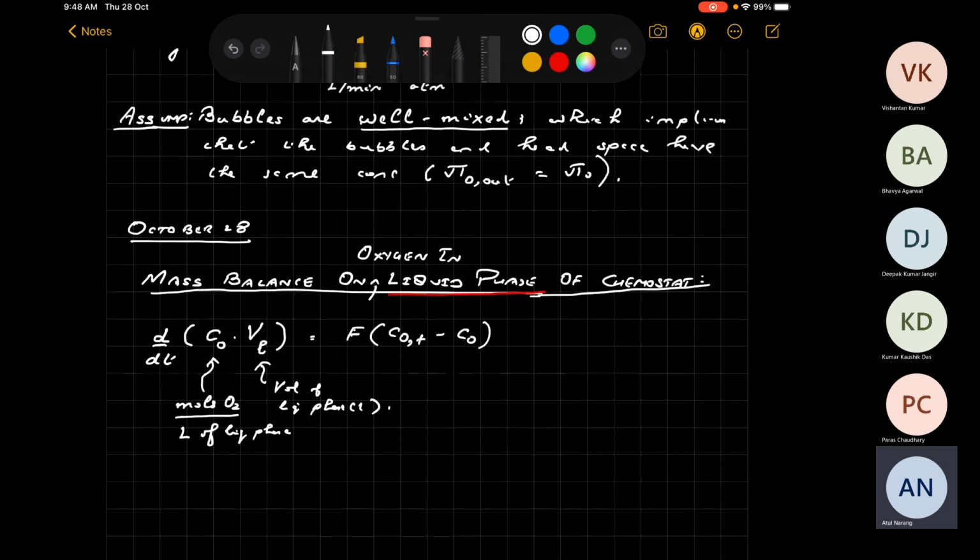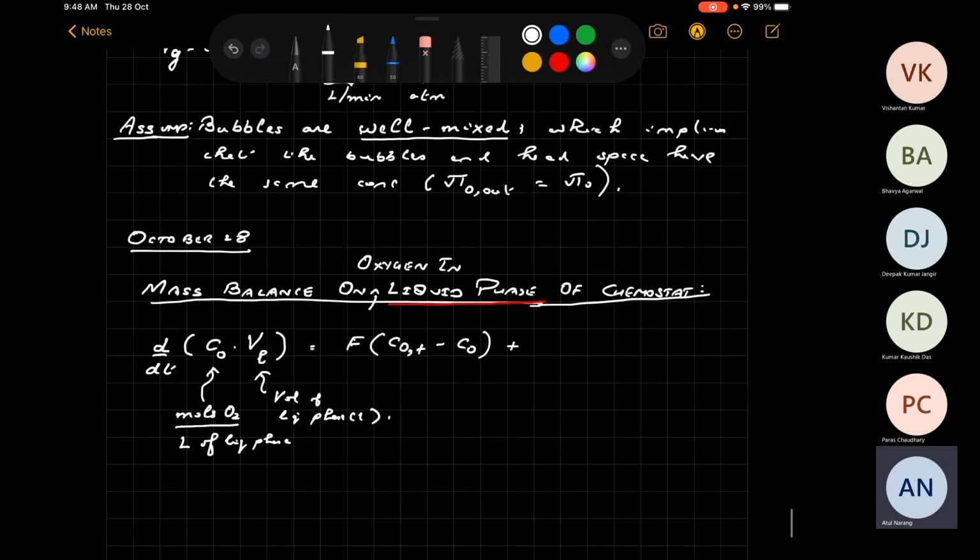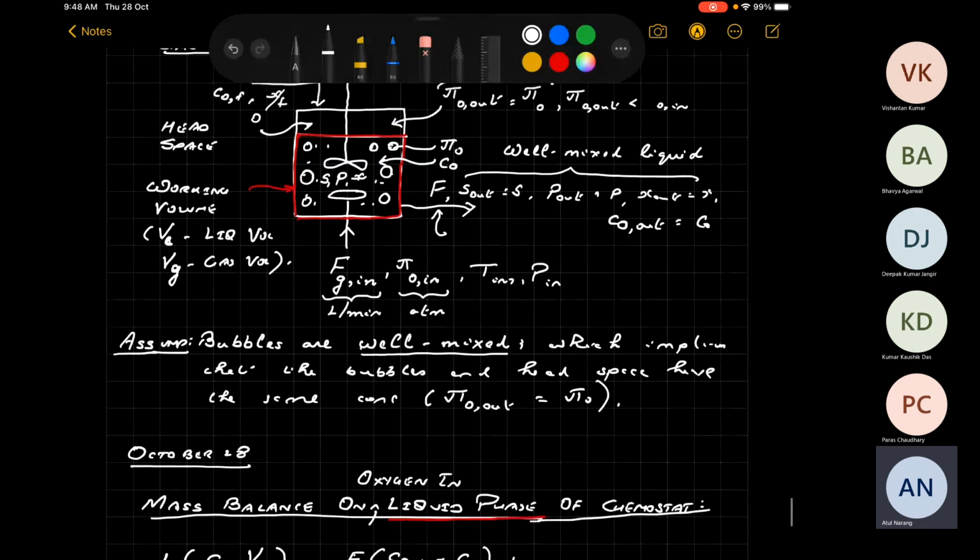Of course, this is not the only way in which oxygen is coming in. We have just gone through a long derivation trying to capture how oxygen moves from the gas phase to the liquid phase.